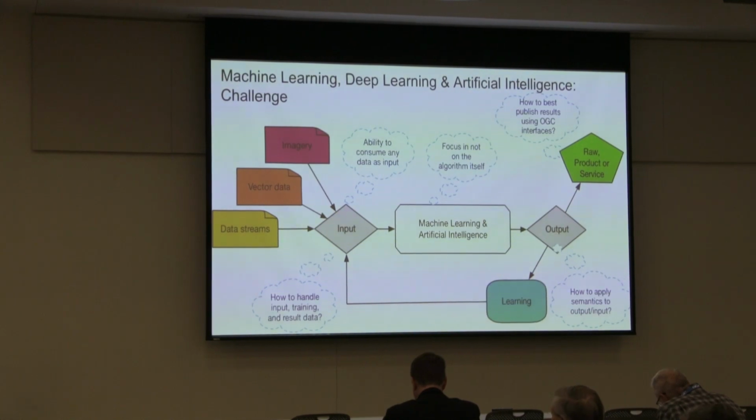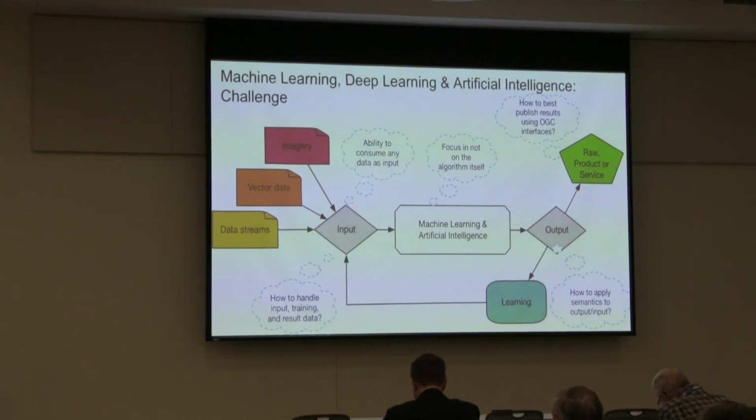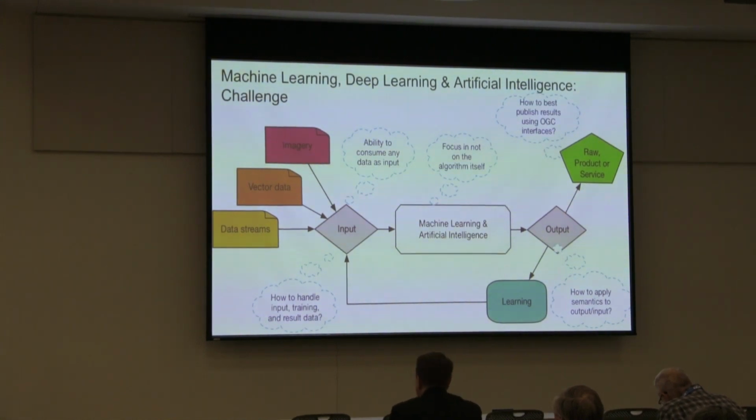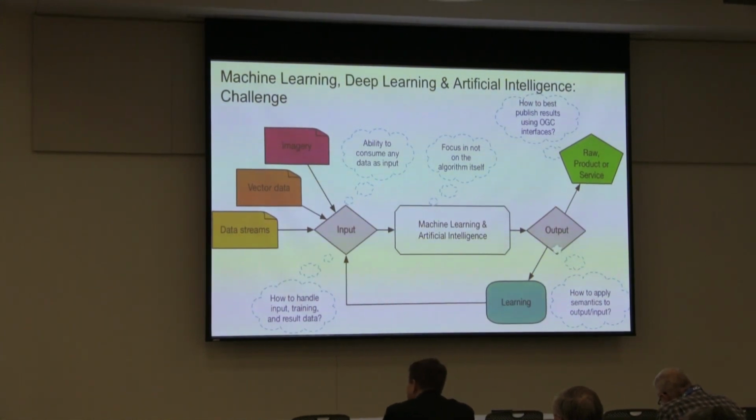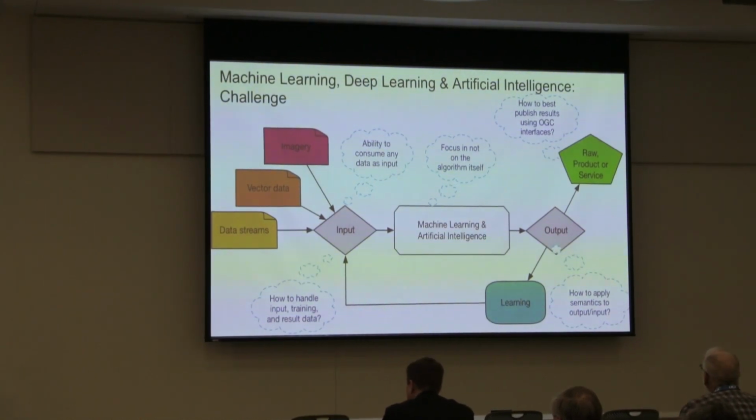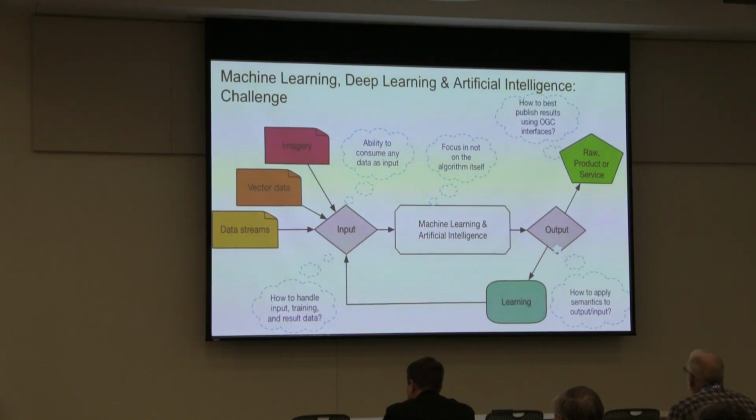Meaning, the input for machine learning and artificial intelligence can be, for example, imagery, vector data, and data streams that hopefully use OGC standards, but also the output, maybe they can be provided via OGC interfaces. So the question was really very, very general. And we expect to advance or derive best practices that will enable folks that are running these systems to integrate OGC systems into the work.